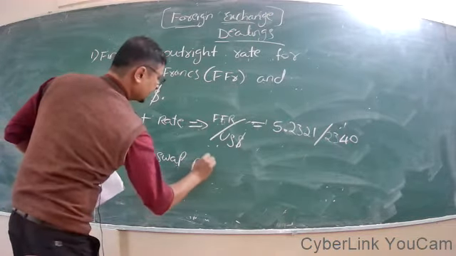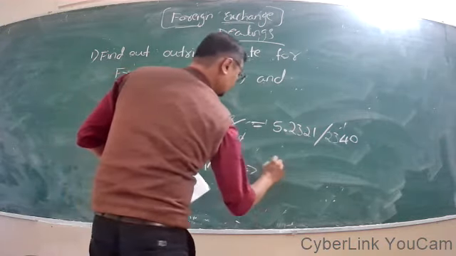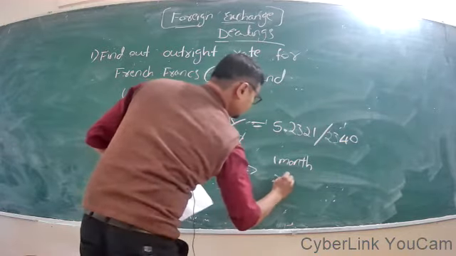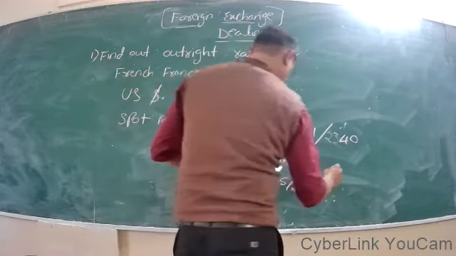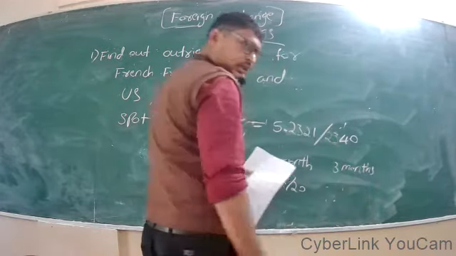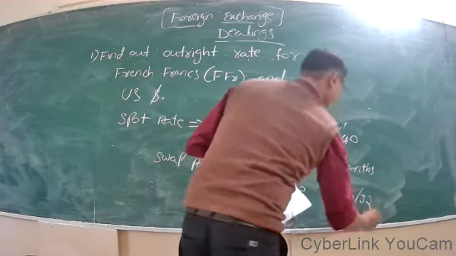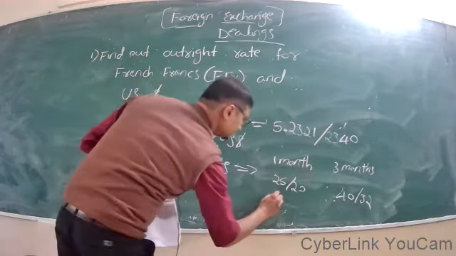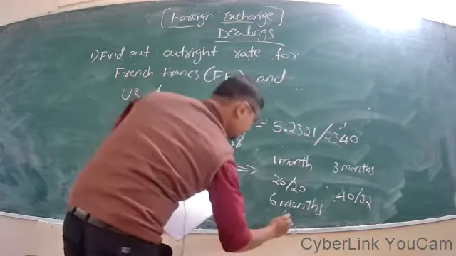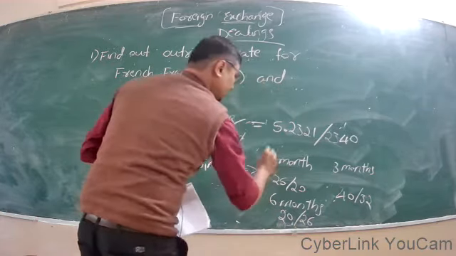Swap points given in the problem: 1 month 25 oblique 20, 3 months 40 oblique 32, and 6 months 20 oblique 26.